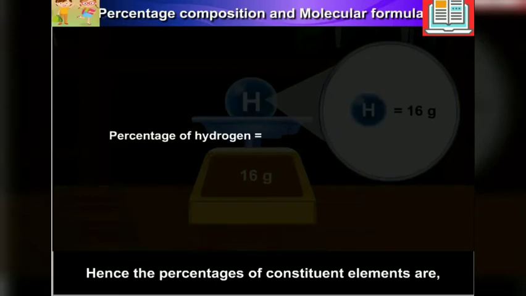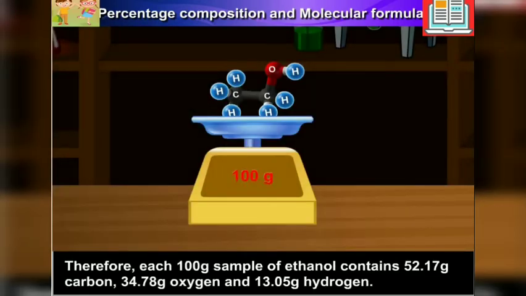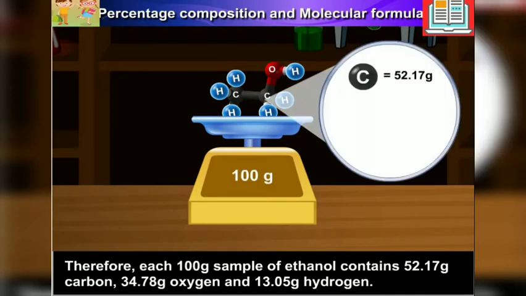Percentage of hydrogen equals 6 upon 46 into 100 equals 13.05%. Therefore, each 100 gram sample of ethanol contains 52.17 grams carbon, 34.78 grams oxygen, and 13.05 grams hydrogen.